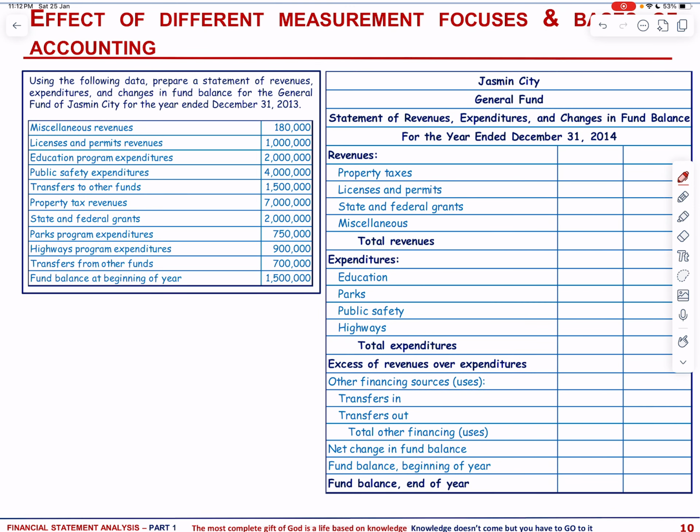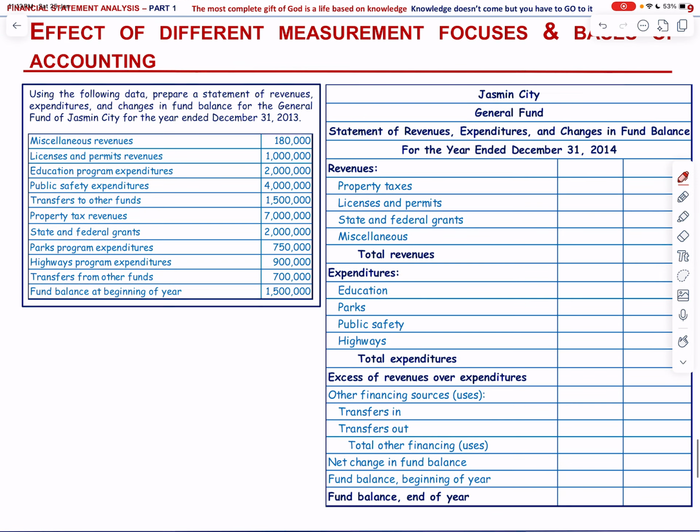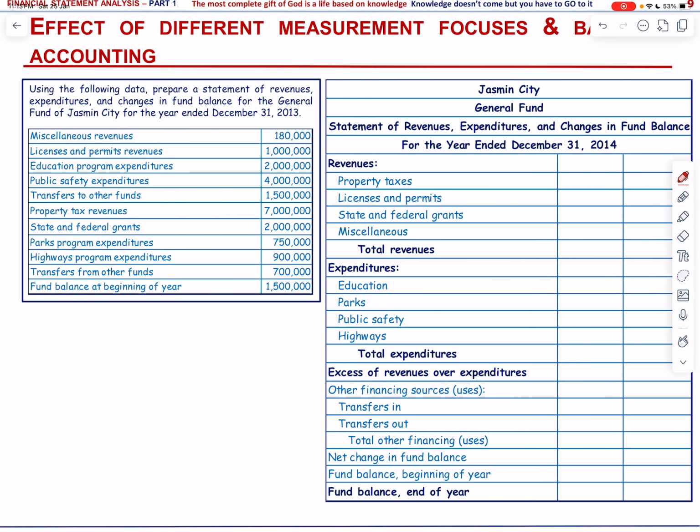Okay, let us look into another interesting exercise, and here we are going to look into the effect of different measurement focus and basis of accounting, and let us see how we do that. Now, using the following data, prepare a statement of revenue, expenditure, and changes in fund balance for the general fund of Jasmine City for the year ended December 31, 2013.